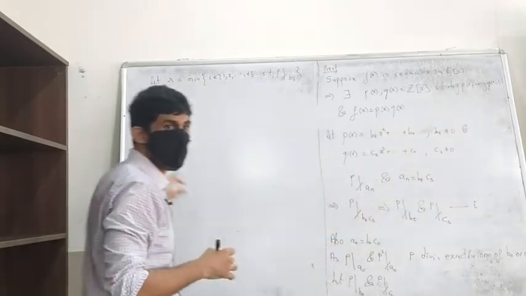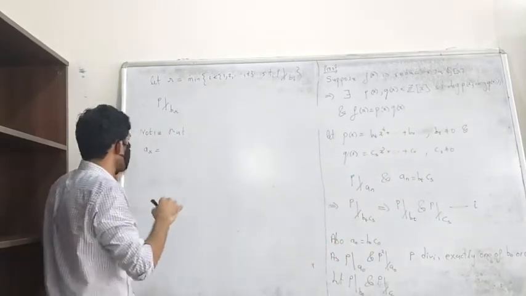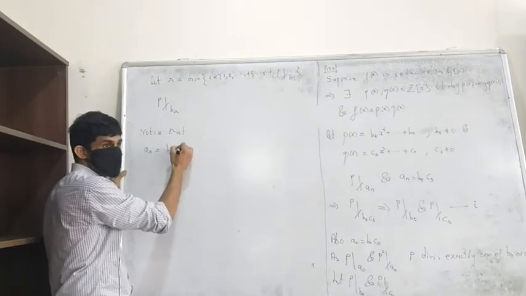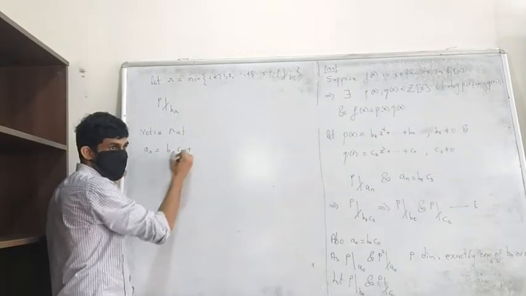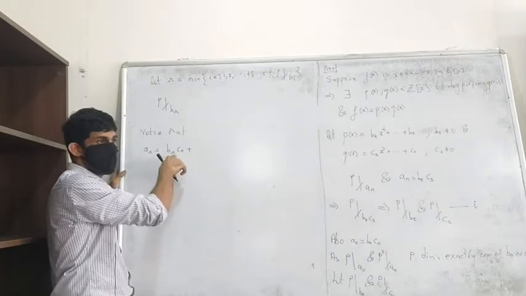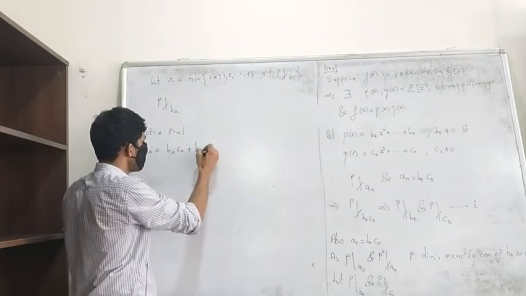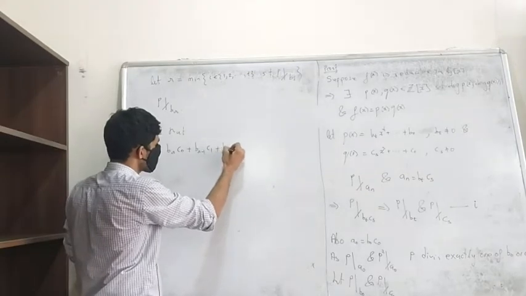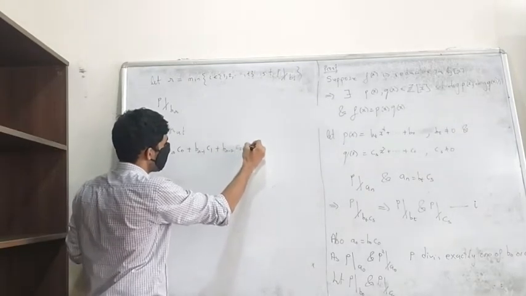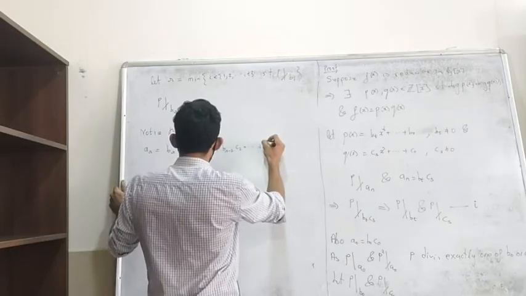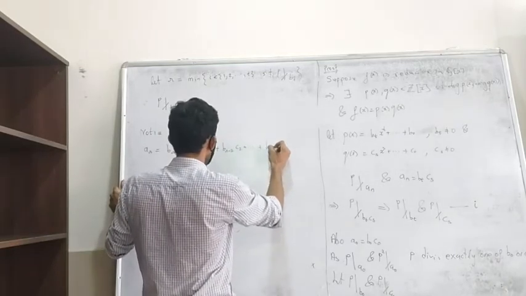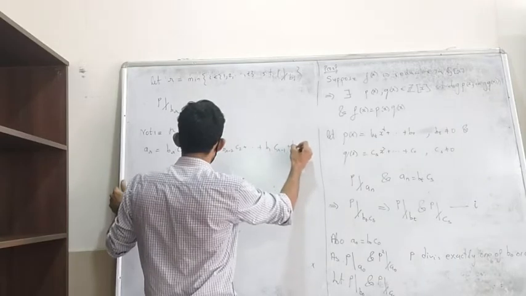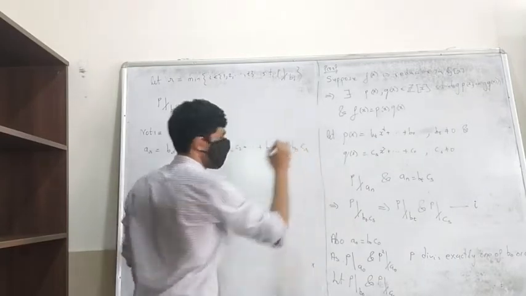So Ar, the coefficient of x raised to r, will be Br times C naught plus B r minus 1 C1, plus B r minus 2 C2, up to B1 C r minus 1.